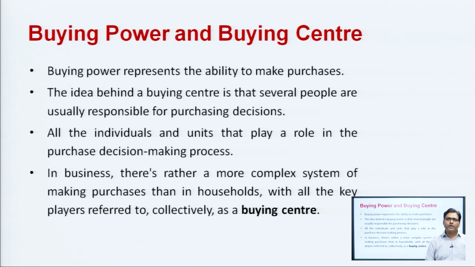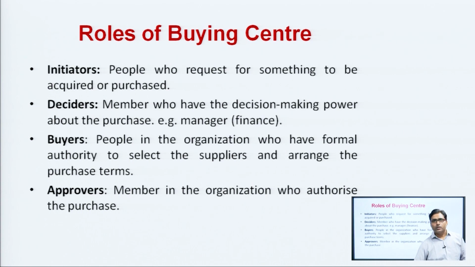Now, what are the different elements? These elements are initiators, deciders, buyers, approvers and so on. So, the roles of these buying centers can be taken as, let's say, first is the initiator. The initiator is the person who first talks about the requirement of the purchase, what kind of material is required.